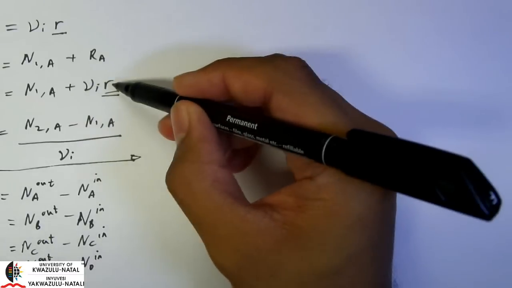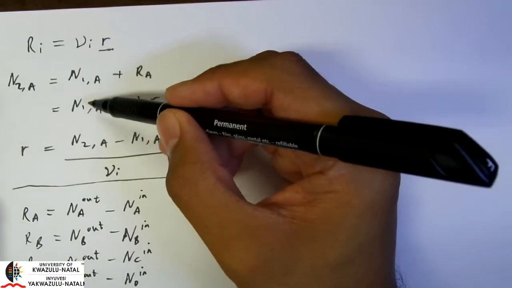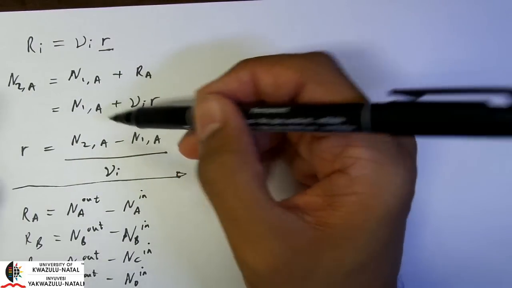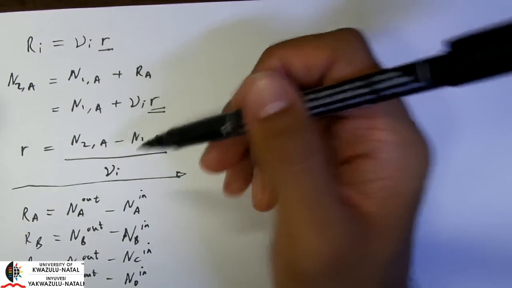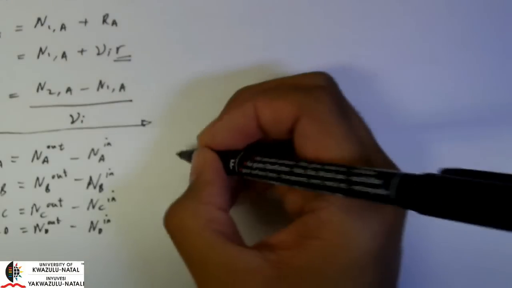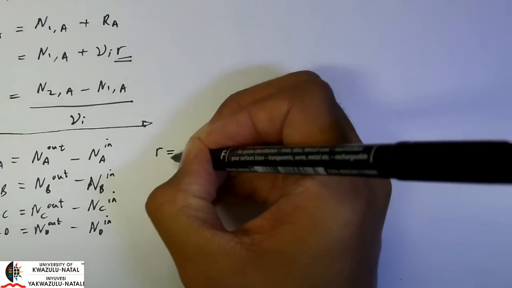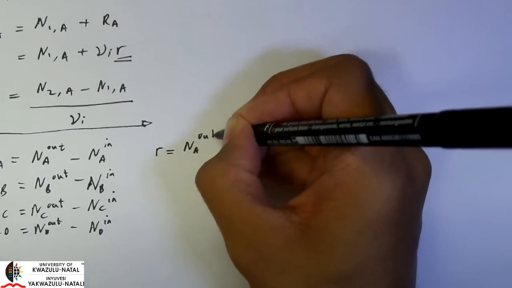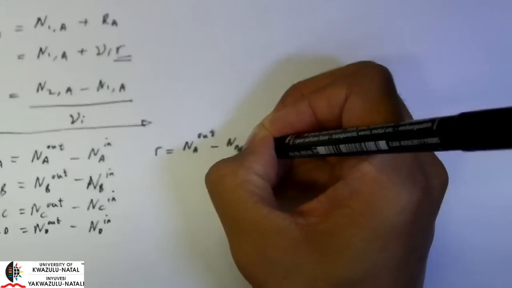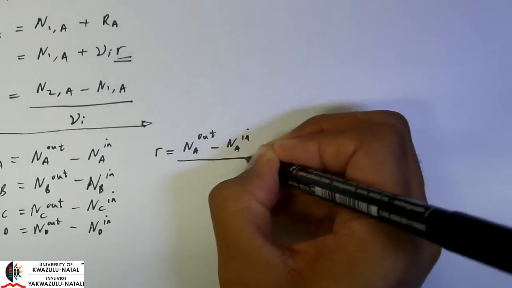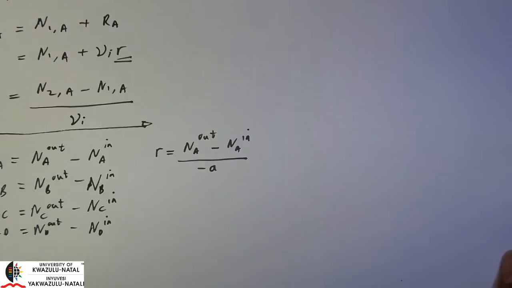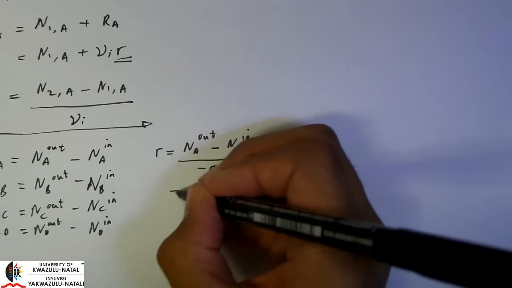If we write this equation for components B, C, and D, we can also note that our R is equal to NA out minus NA in over our stoichiometric coefficient, in the negative.